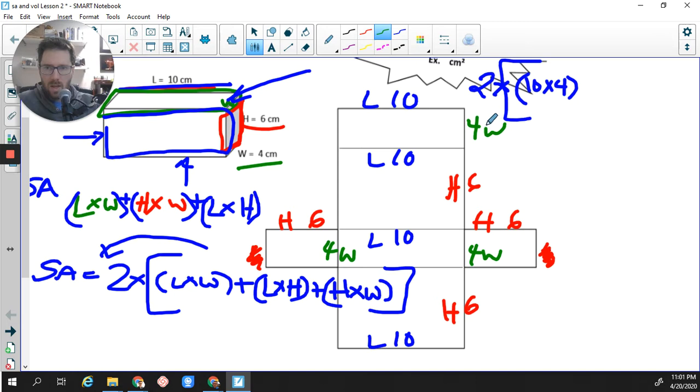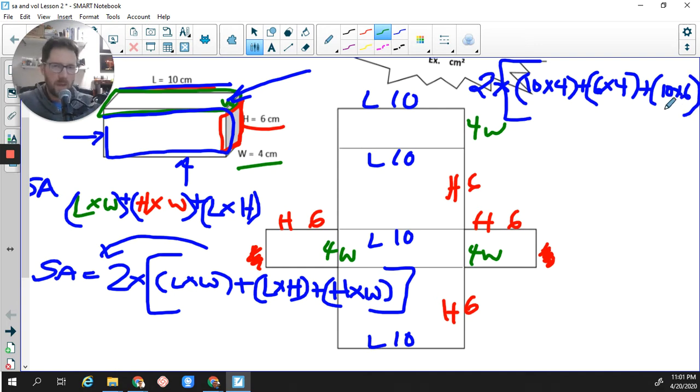Okay. And now we've got our height times our width. So we've got 6 and our 4. So plus 6 times 4. And that's got to be in brackets. Plus, see if we can fit this in here. One more, our length times our height, our 10 times 6.